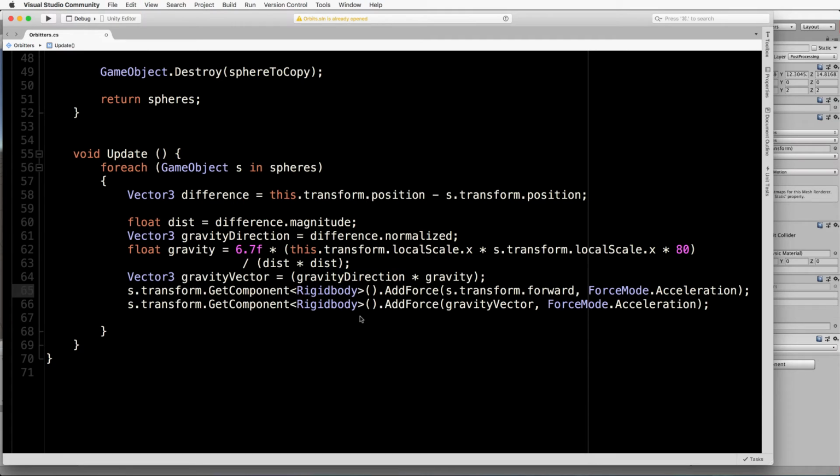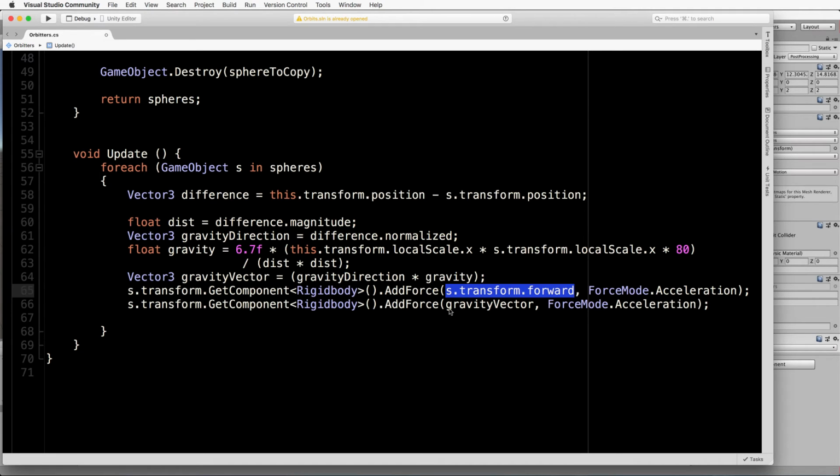So it's just one line that you need to add where you're adding a different force to your sphere. In this case, I'm just going to push the sphere forward along its z-axis, again with the same force mode dot acceleration. And that's all I'm going to do. And that's all I need. I just need some initial force that it was going along with before it encountered the gravitational force.